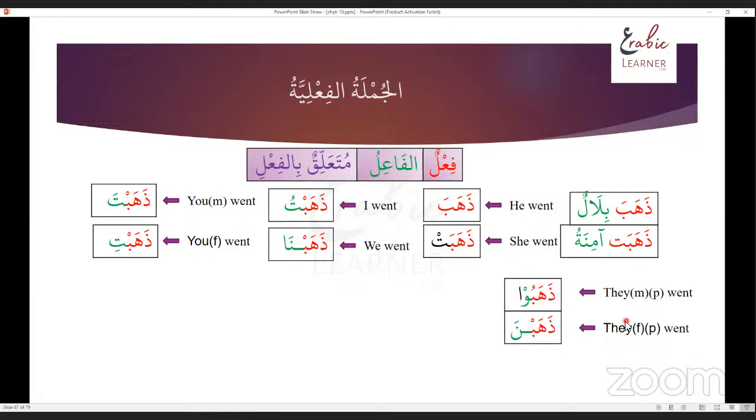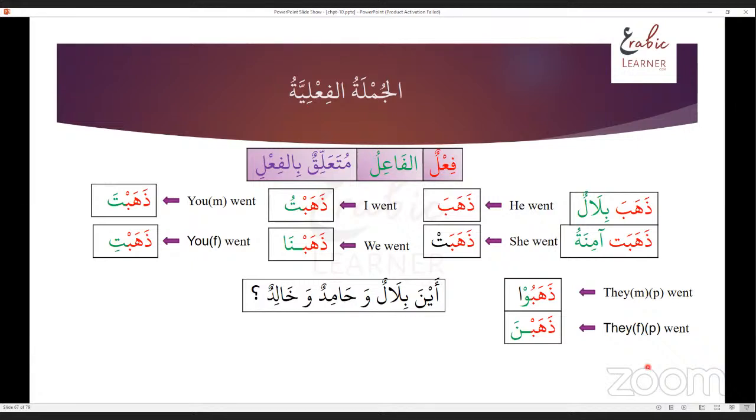Zahabna. Okay, plural, sister Javeria, it is "they" feminine plural. Zahabna, because from feminine plural, hunna, it changes. And hunna, the suffix is na. It is indicated by na.